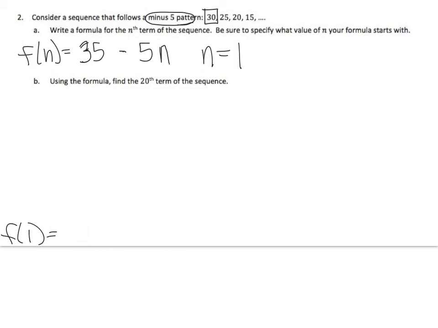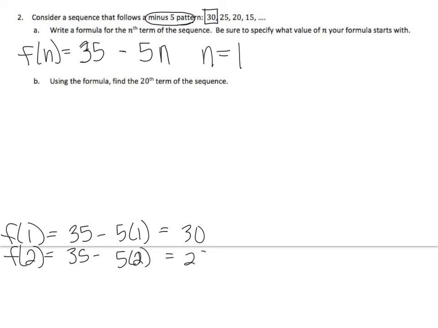So this is why I always check them. I'm going to start with 1 more than the beginning, and I'm going to subtract 5. And then for my second term, 35 minus 5 times 2, which is 25. Third term, 35 minus 5 times 3, which is 20.